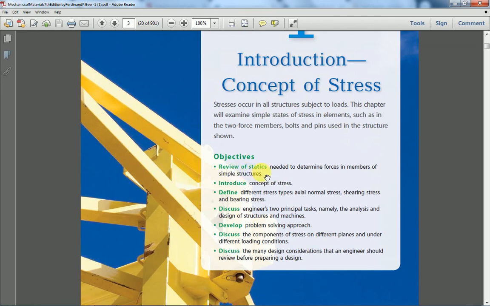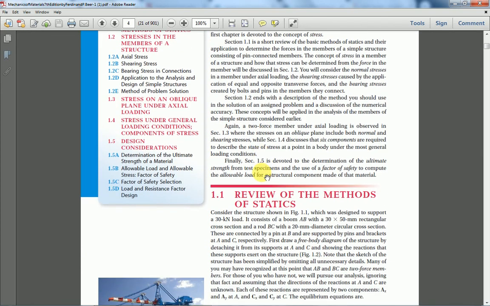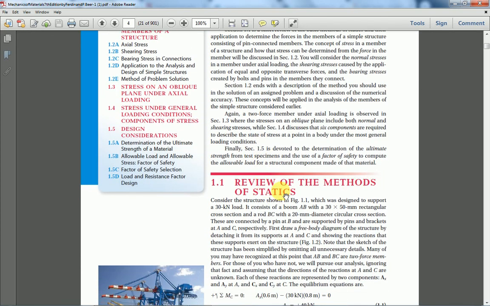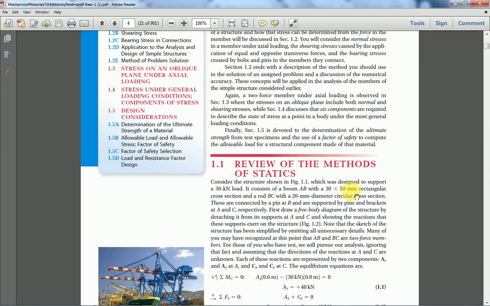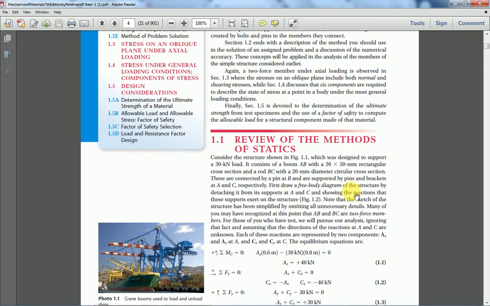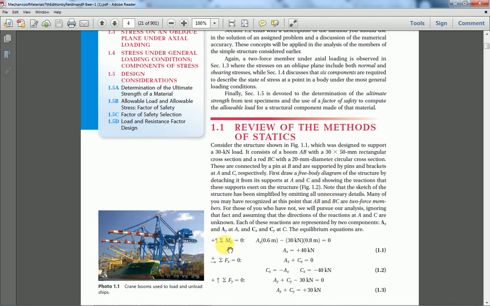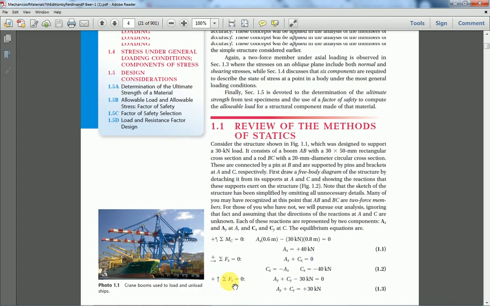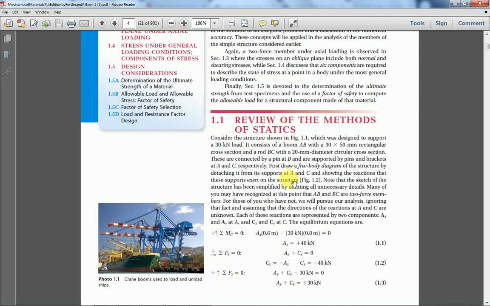There will be a review of statics. We will surely cover some basic methods of statics, as you have gone through in the engineering statics course. The sum of all moments about any point is equal to zero, and the sum of all forces in any direction is equal to zero if there is no movement. We will surely review the method of statics.